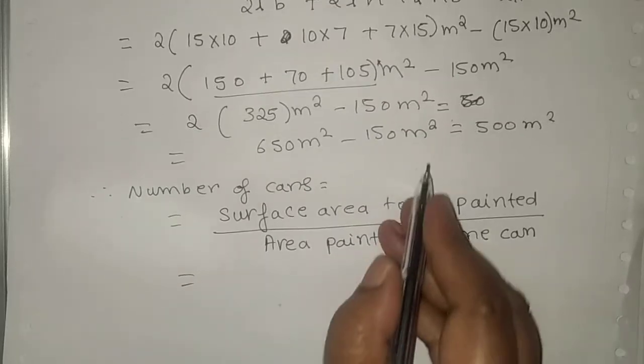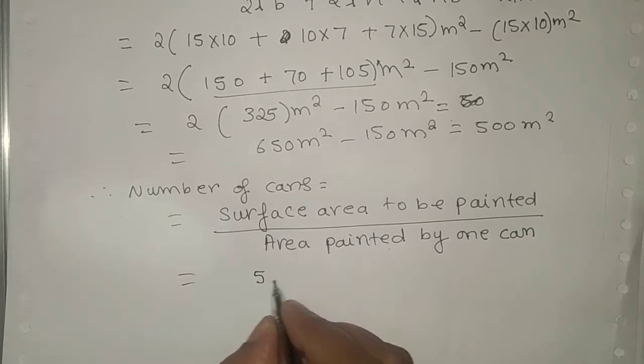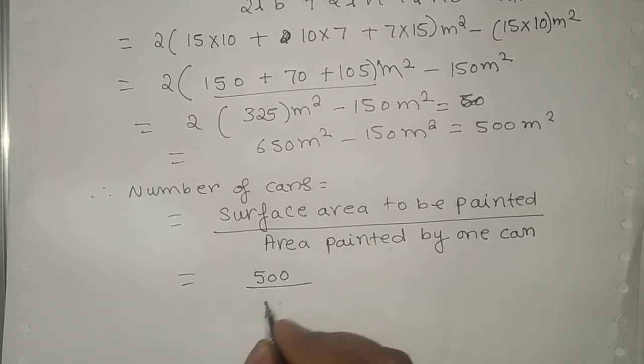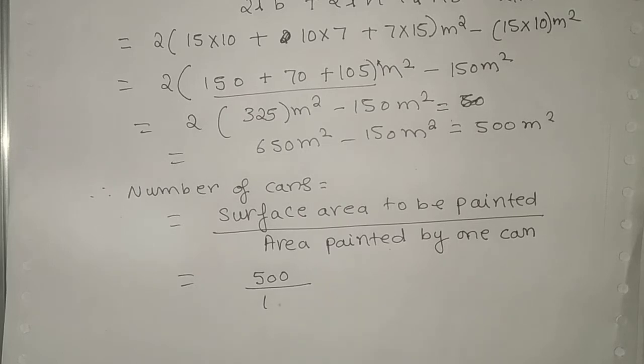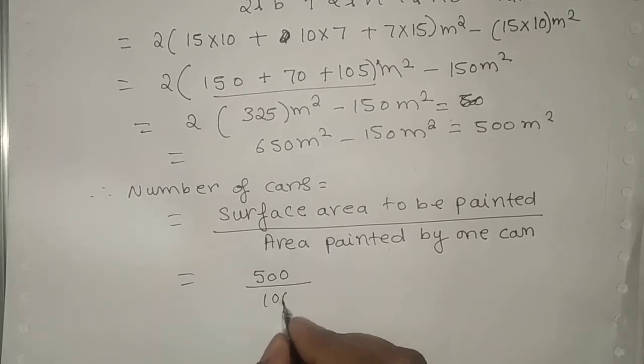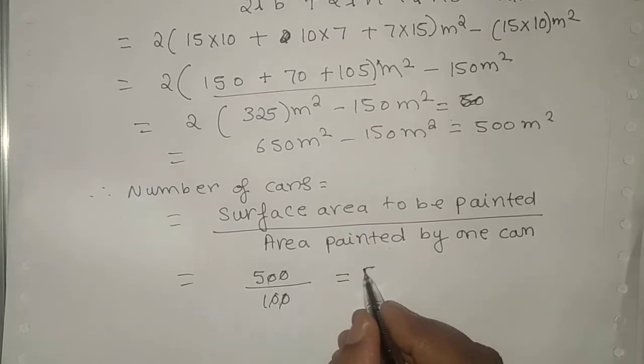Surface area is 500 m square divided by 100 m square. Simplifying, we get 5.